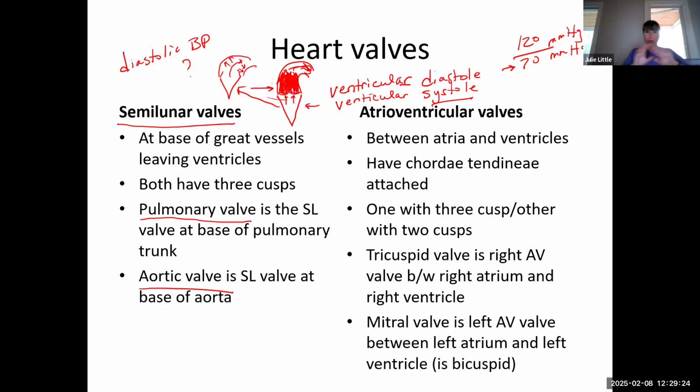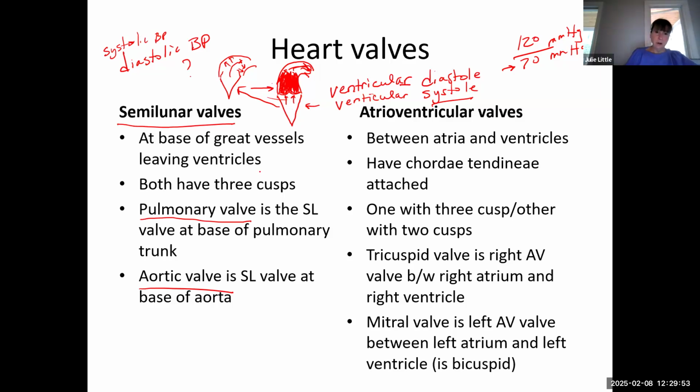And so that you can measure in a blood pressure cuff, and that is called your systolic blood pressure. Your systolic blood pressure is a measure of how much pressure the aorta experiences during left ventricular systole. It's worthy of knowing, right? You're going to be a healthcare provider. You should understand the difference between systolic and diastolic blood pressure.